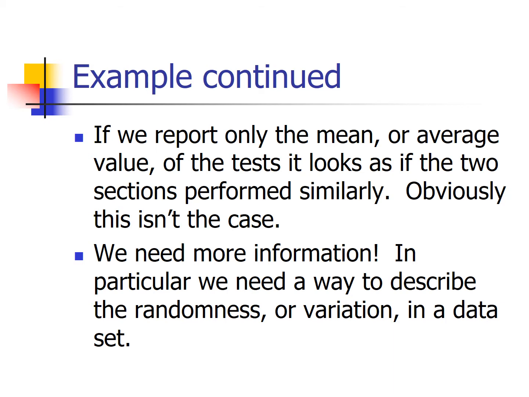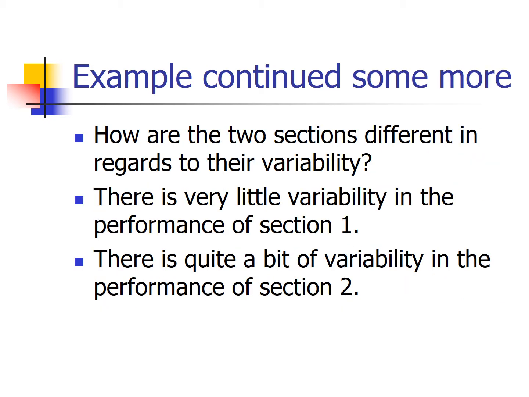So, how do those 2 sections differ with respect to their variability? There is very little variability in section 1. There's a lot of variability in section 2.